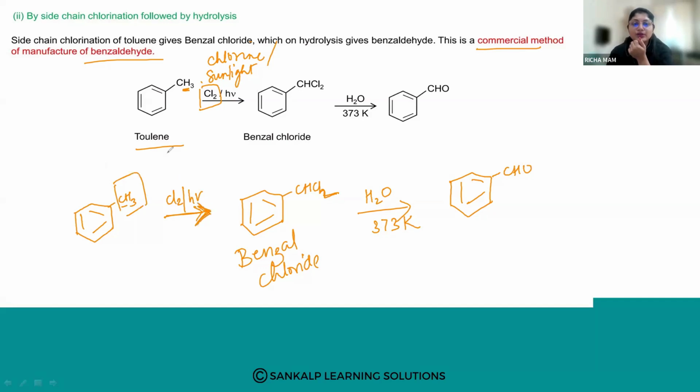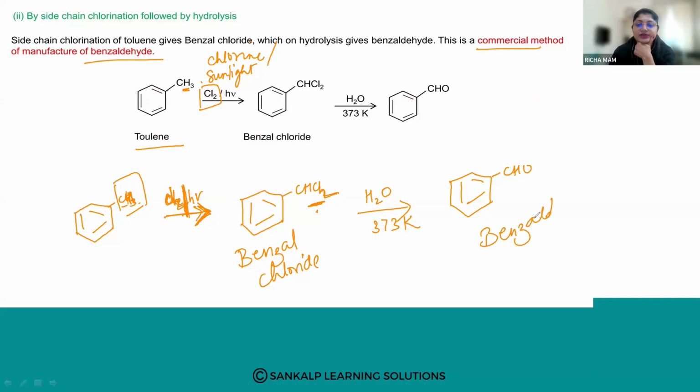This is also controlled chlorination because we are taking 2 moles of Cl. If you take more Cl, all these hydrogens will be replaced by Cl. So we are taking only 2 molecules of Cl, so only 2 hydrogen atoms are replaced by Cl atoms. Then, when we do hydrolysis, we will get benzaldehyde.